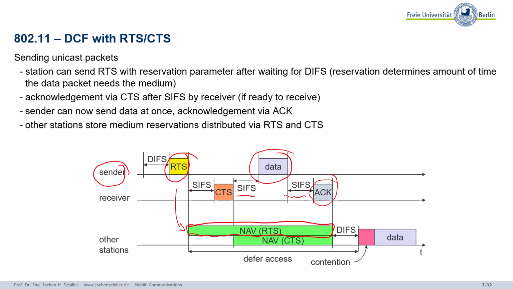But then at least those stations learned that, okay, we have to remain silent for a certain amount of time, because the RTS contains the duration of this whole procedure, as well as the CTS. So the stations learn to be silent, and this reduces potential interference. So you store this network allocation vector. Okay, you see here hidden and exposed terminals solved by using RTS, CTS, as we learned from Marker in the early chapters.